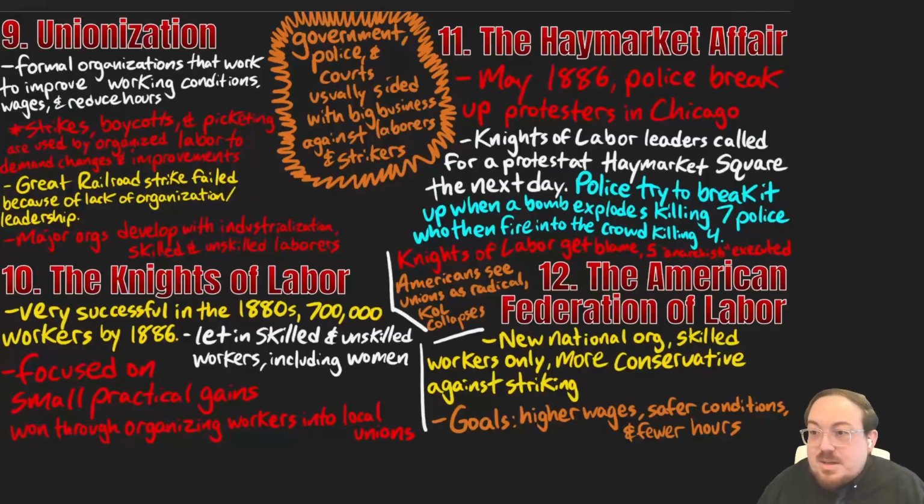You're going to work incredibly long hours. You're going to have to work 6 days a week. And again, there's no real hope of anything better except through our next term, unionization: joining a union in order to try to improve your working conditions, get better hours, and better pay.